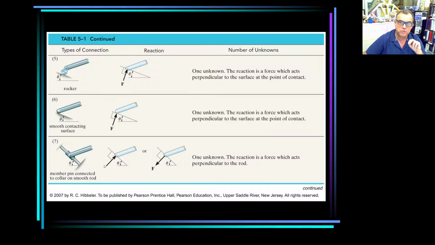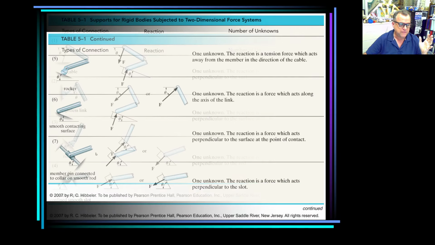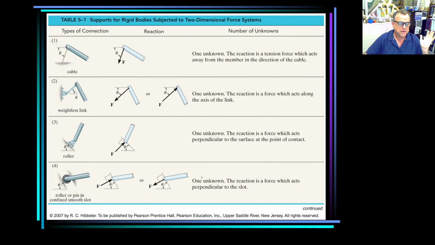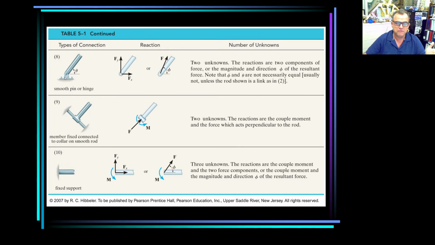If you study the support reactions like that, the majority that we're going to be using is just this type of support, and they're going to be pretty straightforward and very easy to define, and the pin, of course, and the fixed support. You don't have to memorize them, but study the movement.